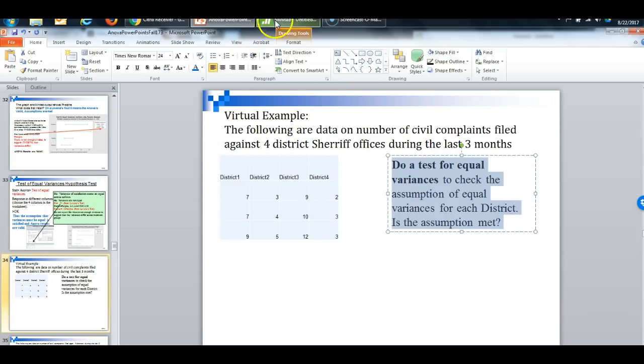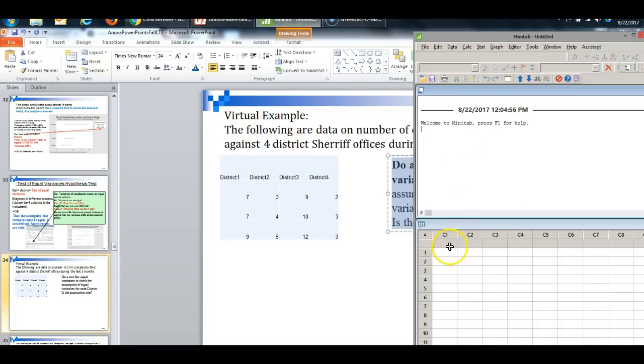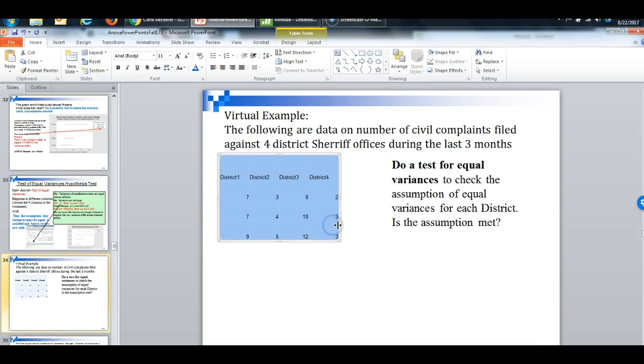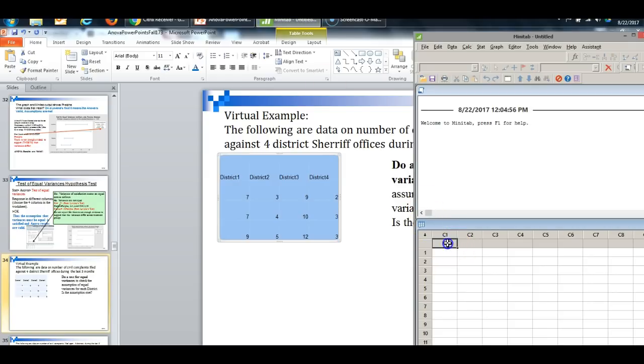So we're going to put these data into Minitab. It doesn't seem to be copying, so I'm going to enter District 1, District 2, and just take a second to do it.